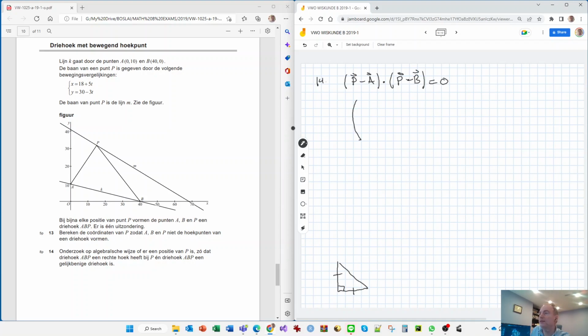So Px is known as 18 plus 5t. Ax is 0. And Py is 30 minus 3t minus Ay minus 10.